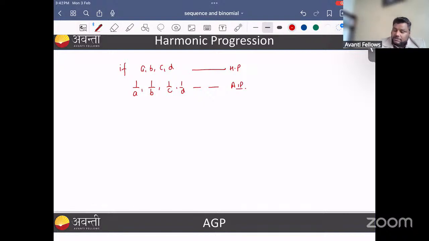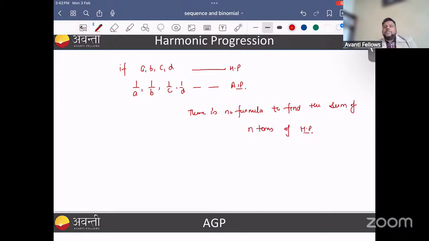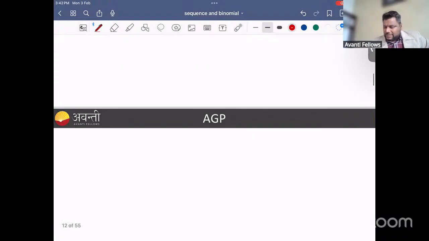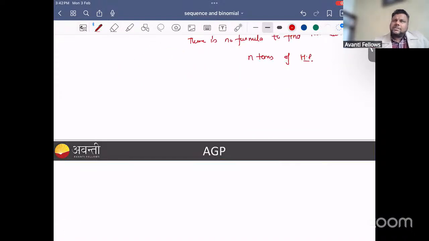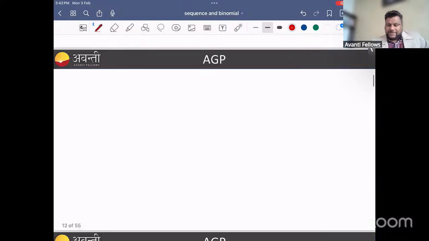Still, there is no formula to find the sum of n terms of an HP. Whenever we have any question, we will just reverse the terms and say that it is in AP.